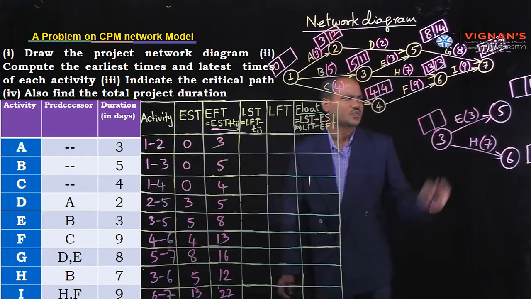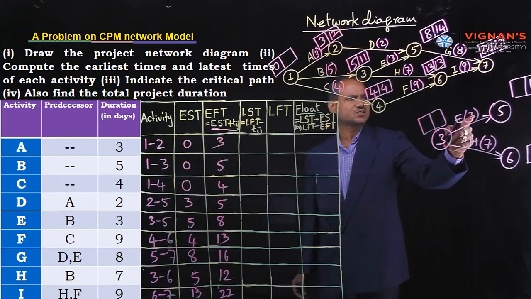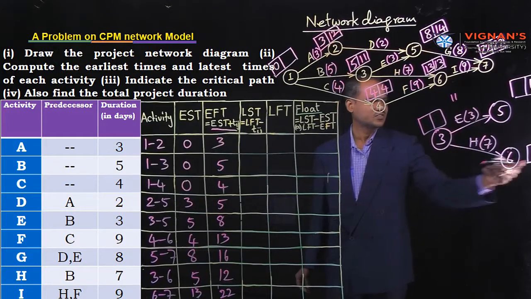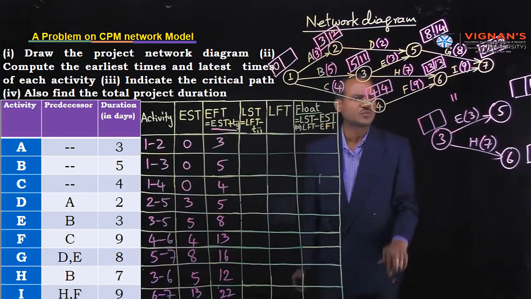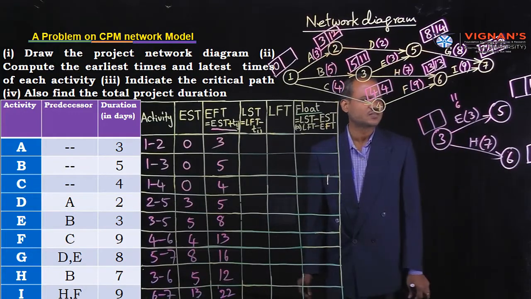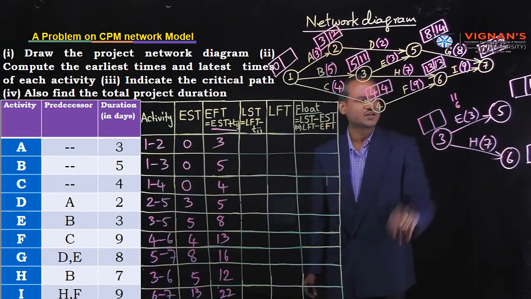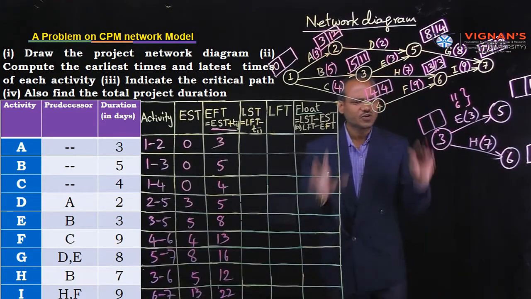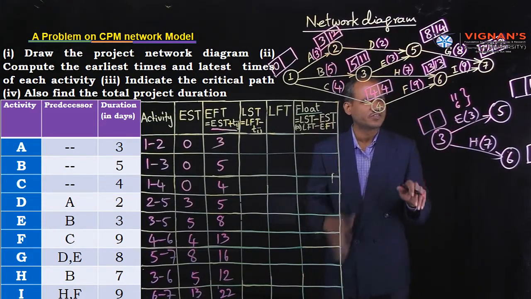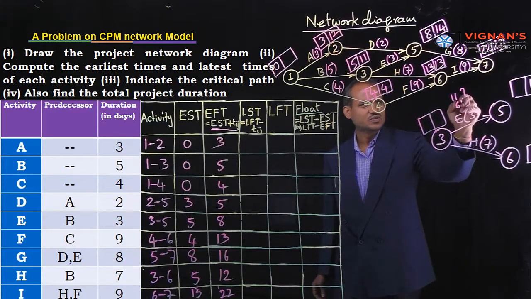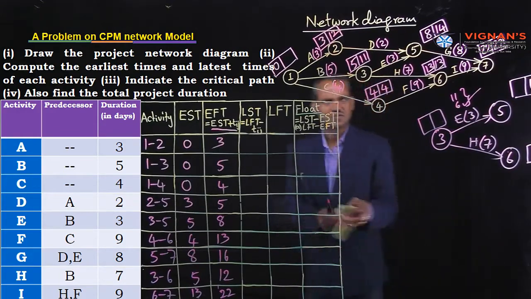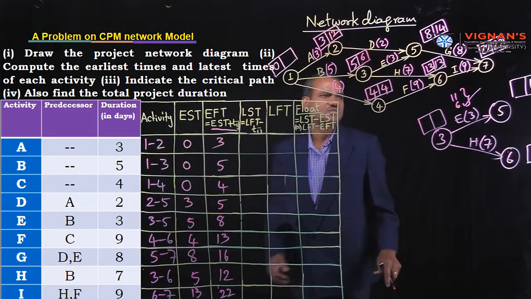Consider two routes. 14 minus 3, how much? 11. Okay. Next, consider this also. 13 minus 7, how much? 6. Now, in case of backward pass recursion, careful at the junction nodes or junction events. Consider minimum value. Among 11 and 6, which one is minimum? 6 is the minimum value. So 11 is wrong. 6 is correct.